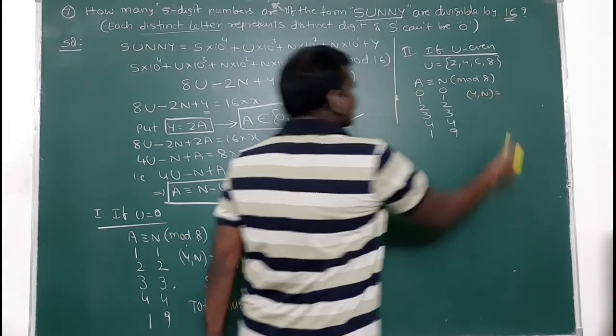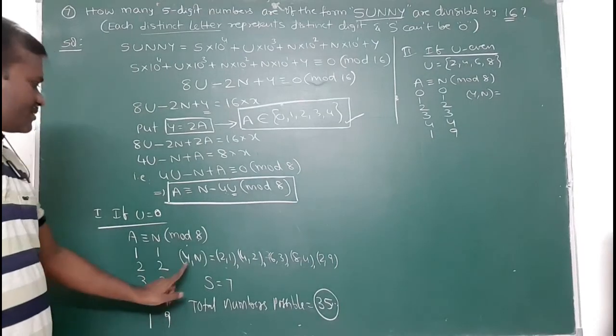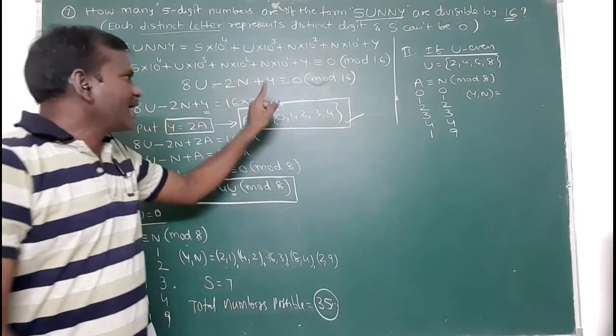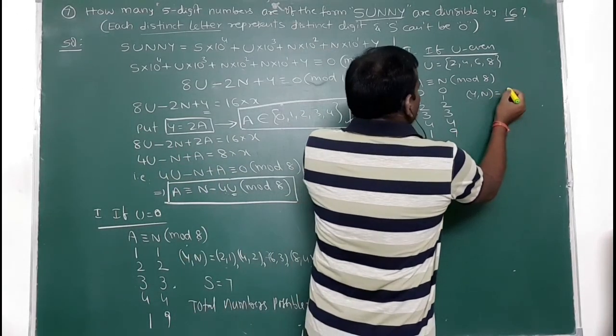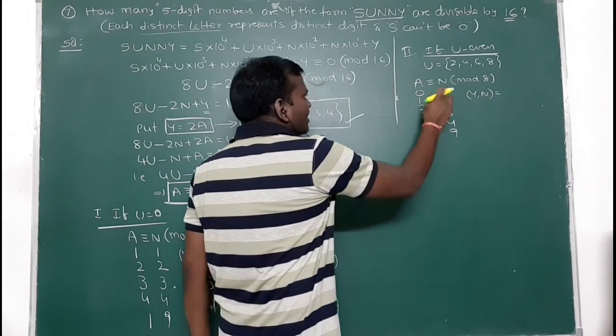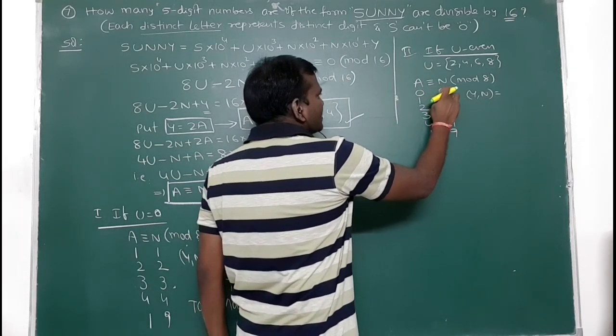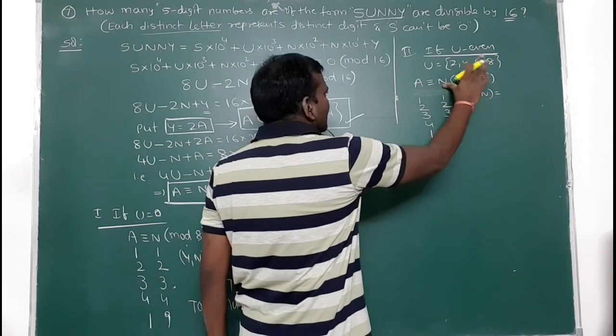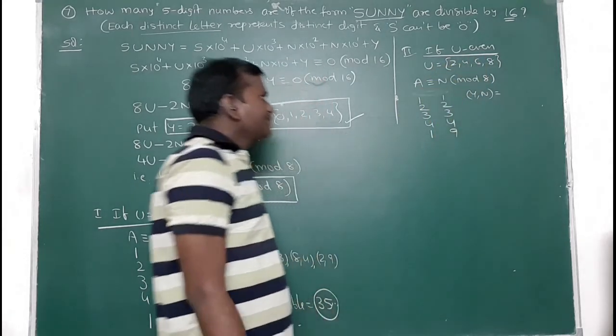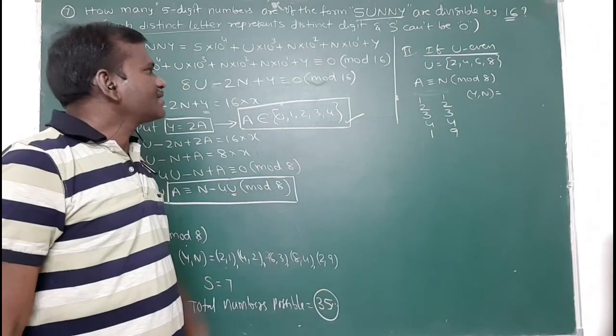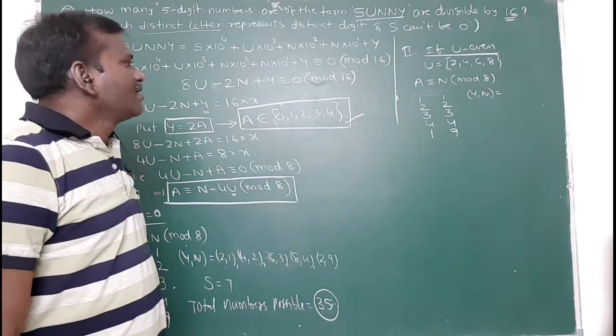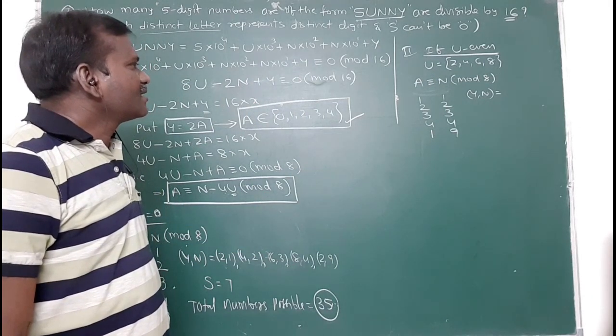What are the possible values of y comma n? I am writing them. Y is equal to 2a, so that means 0, but 0, 0 is not possible here. Why? Because the same value twice is not possible; they are distinct values here. Is there any other possibility? 9, 9, 1, 1.